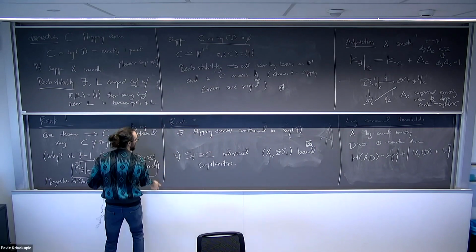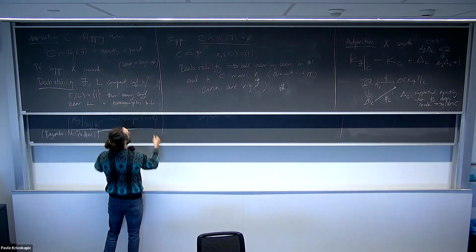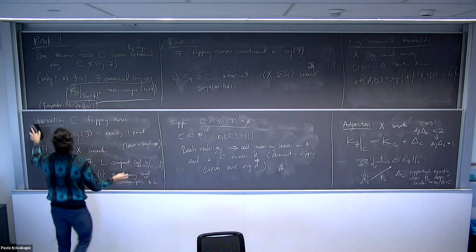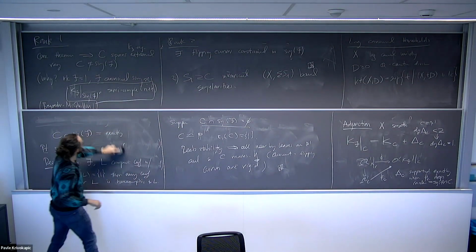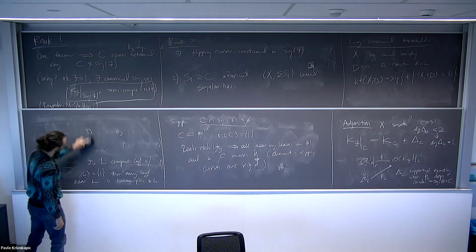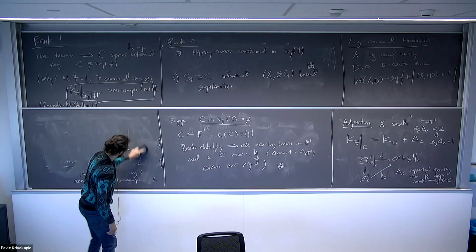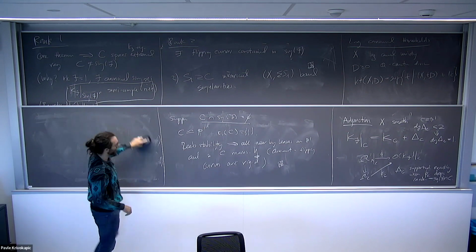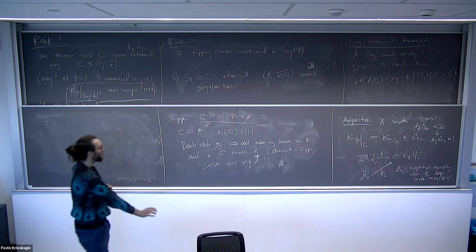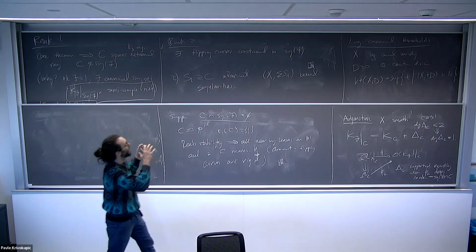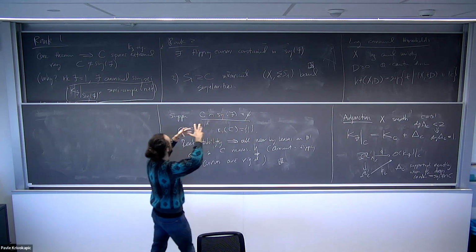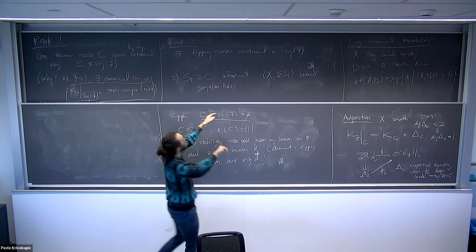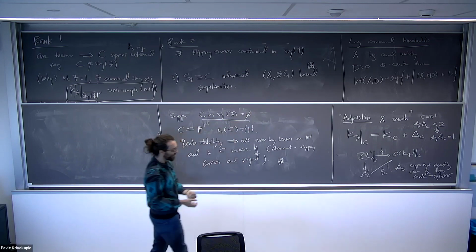So what I want to do is look at the log canonical threshold in a neighborhood of the generic point of C. As examples show, these examples that Paolo produced yesterday of cases where this has bad singularities, they're basically all constructed in the same way.